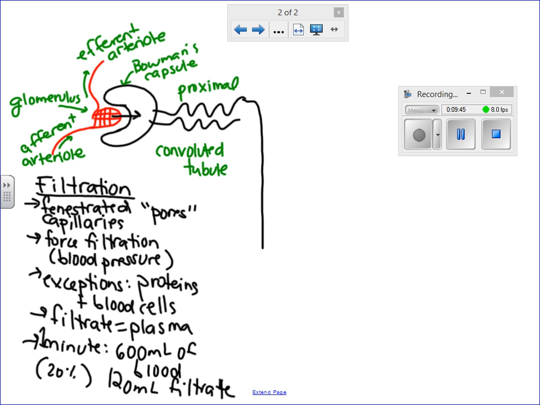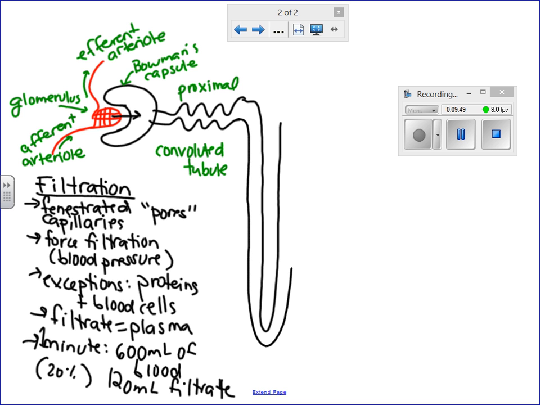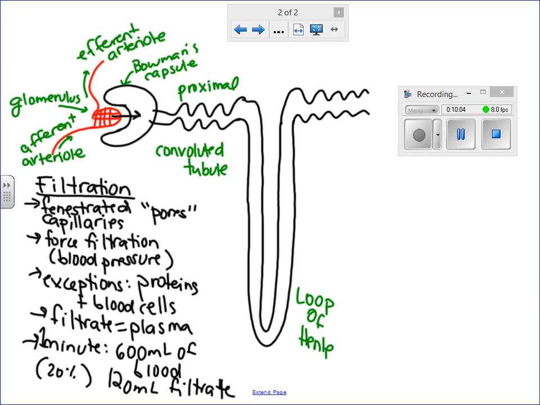Then it dips down in this long loopy structure, which is called the loop of Henle, and we come back up to another squiggly line.